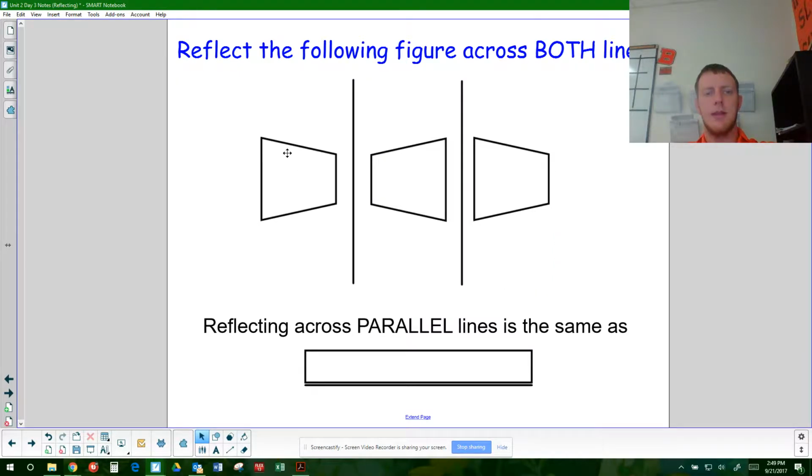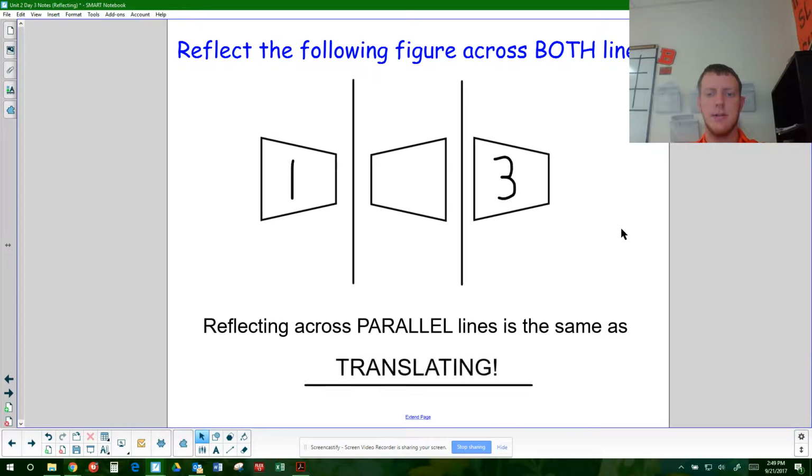But take the first example, number 1. How can you get from number 1 to number 3 with just one move? Hopefully you're saying translating. Yay! So translation, that is how you go from 1 to 3. Anytime you are reflecting over parallel lines, it is the same as translating. Remember that one for the test.